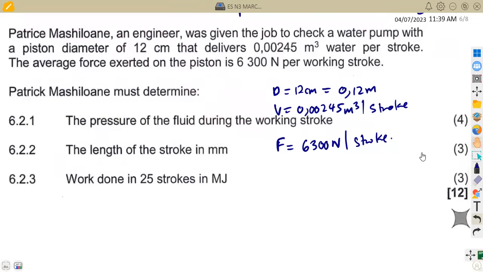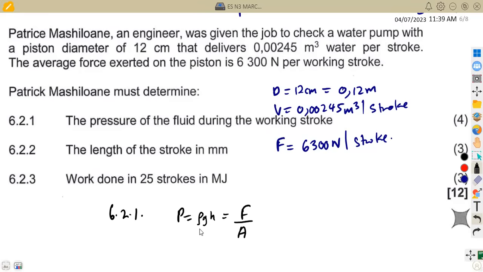All right, so the question, on question 6.2.1, is to calculate the pressure of the fluid during the working stroke. On these working strokes that you are given, what is going to be the pressure? All right, so 6.2.1, our pressure. We know that pressure can be taken from rho g h, or we can take pressure from force over area.